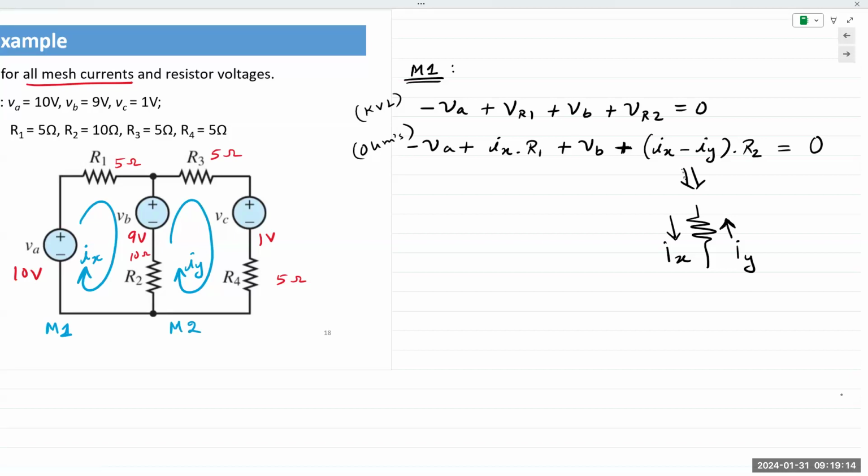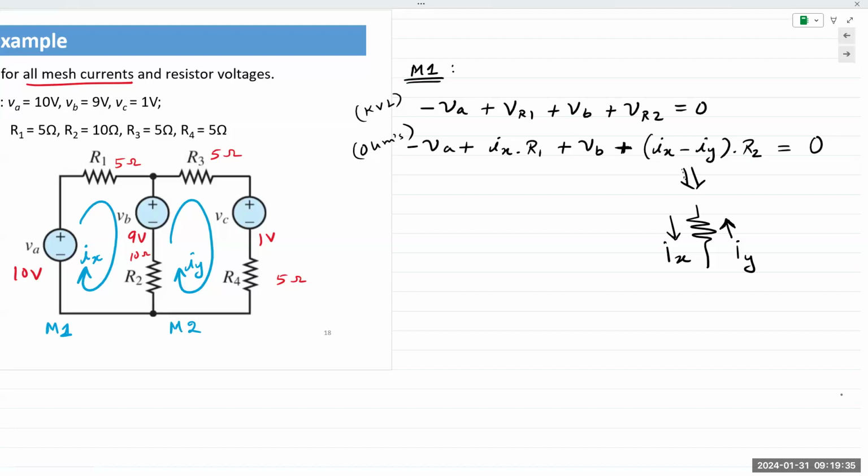So if they're going in the opposite direction, it's Ix minus Iy. If both were going in the same direction, which is the assumption we make at the beginning of our analysis, I would have Ix plus Iy. Okay, but let's not get into that.